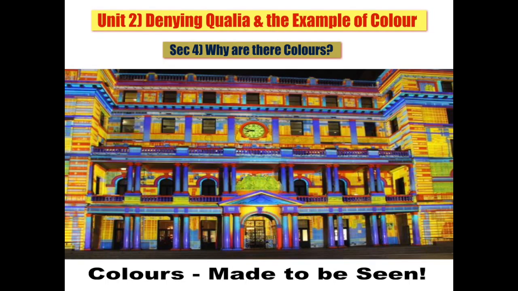Dennett argues that it was this evolutionary need to identify fruit that led to the creation of color in the world. Quote, "Once there were creatures who could distinguish red from green berries, they could also distinguish red rubies from green emeralds.